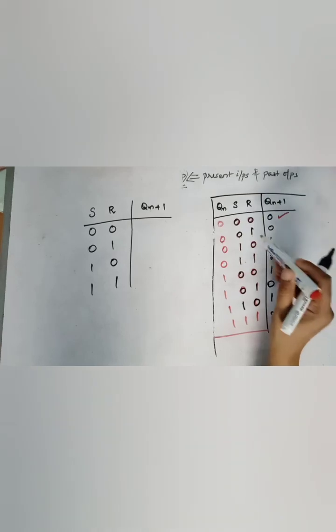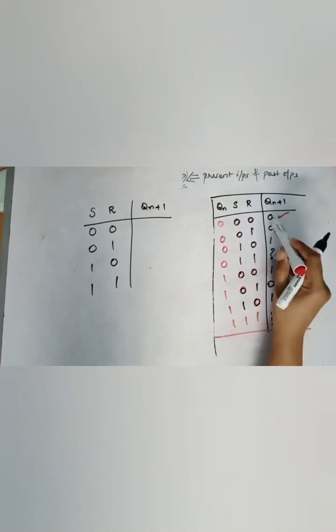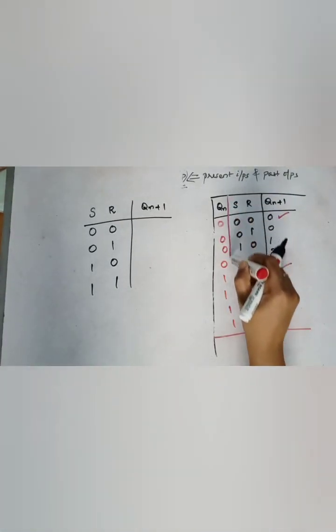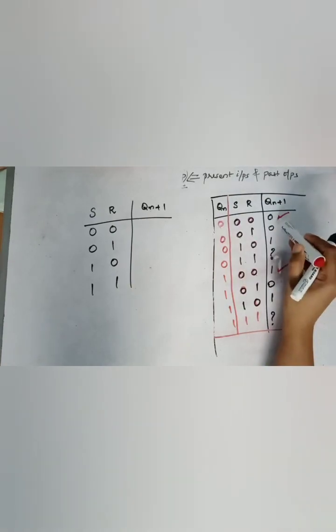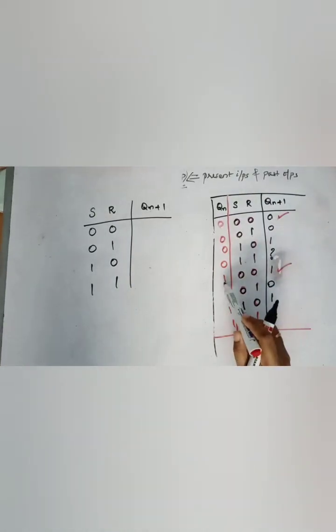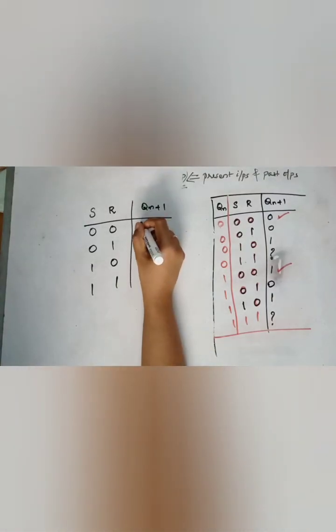In that two cases, you can see that when S is 0, R is 0, here it is 0, here is 1. So what you do is, you will find a relation between Qn and Qn plus 1. So if S is 0, R is 0, if Qn is 0, Qn plus 1 is 0. If Qn is 1, Qn plus 1 is 1. So what is Qn plus 1? It is Qn itself.